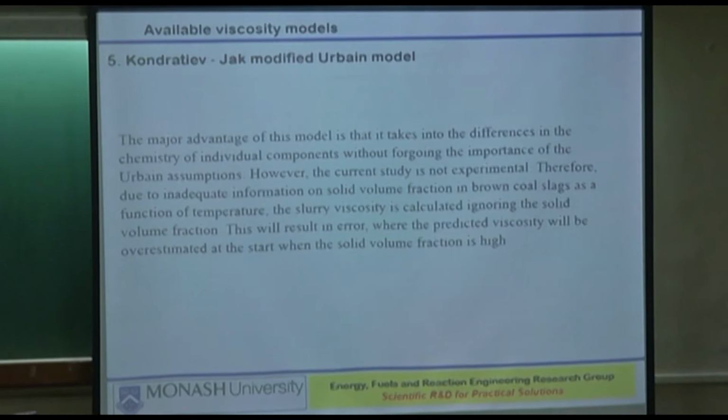So at 1450, you will have more solid fraction. At 1550, you will have less solid fraction, but both of them are partially molten. If you give sufficient time, then they will be fully molten. So the crystalline part or the solid part will disappear.